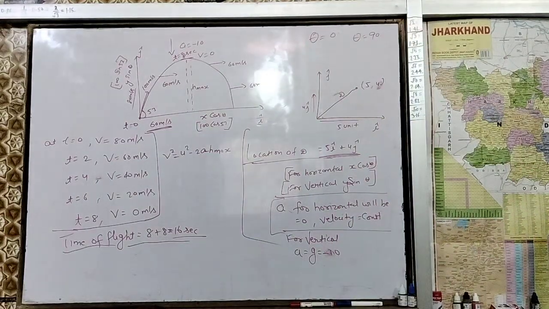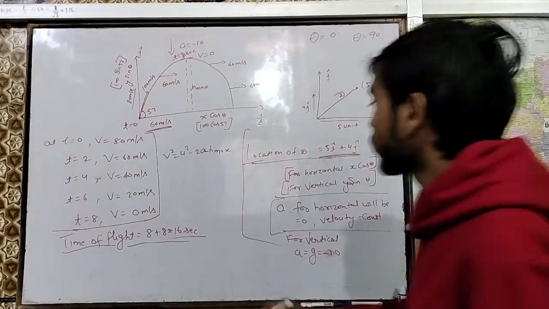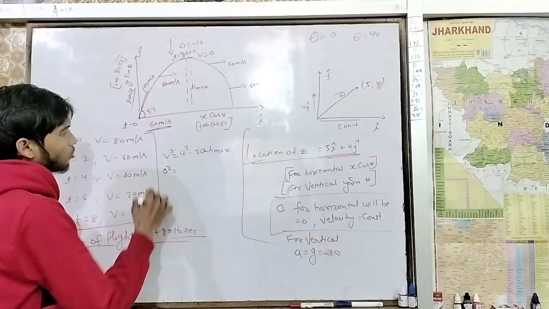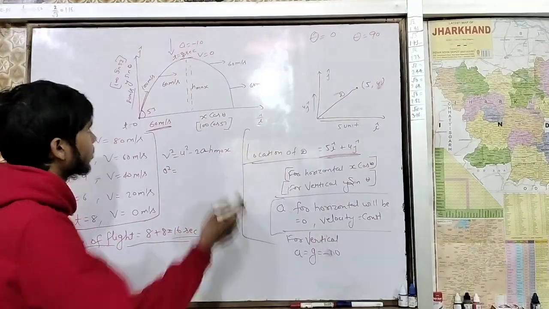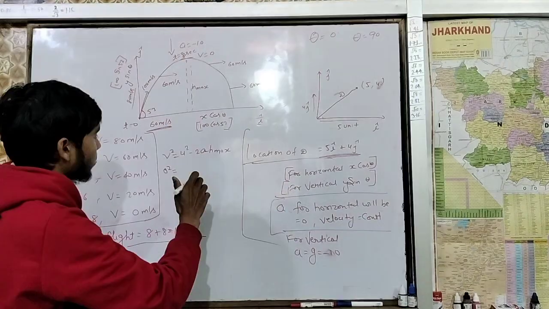You will use this formula when velocity is becoming 0. So from this you will get your displacement from ground till the maximum height.